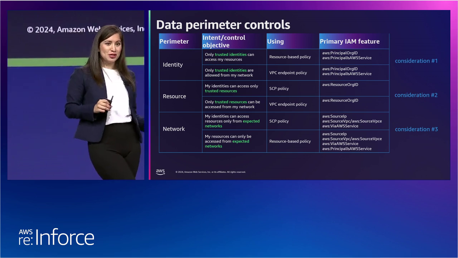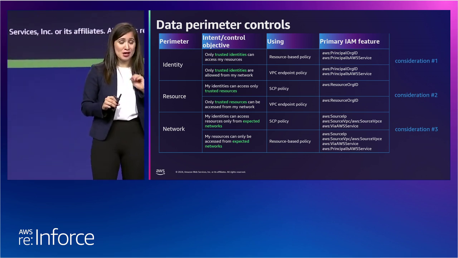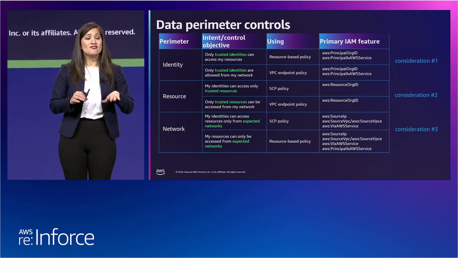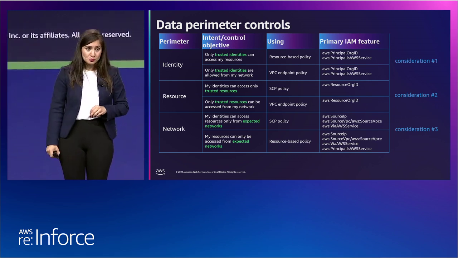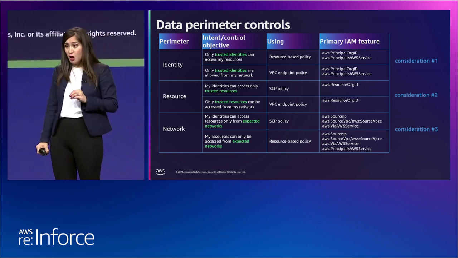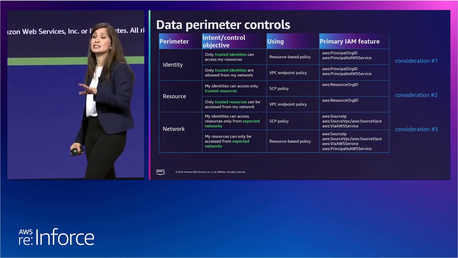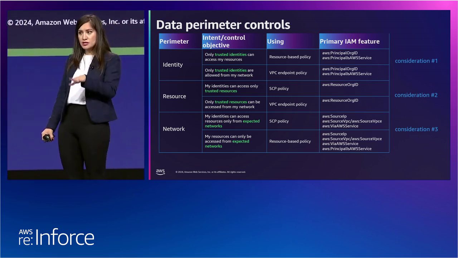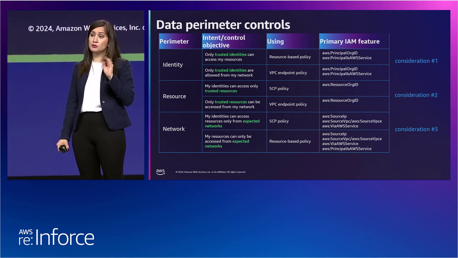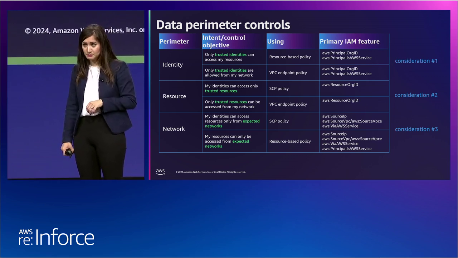There are a few condition keys here, but I want to call out one in particular, which is via AWS service. This condition key will help you address access patterns where services act on your behalf and sign the request with the user's identity.